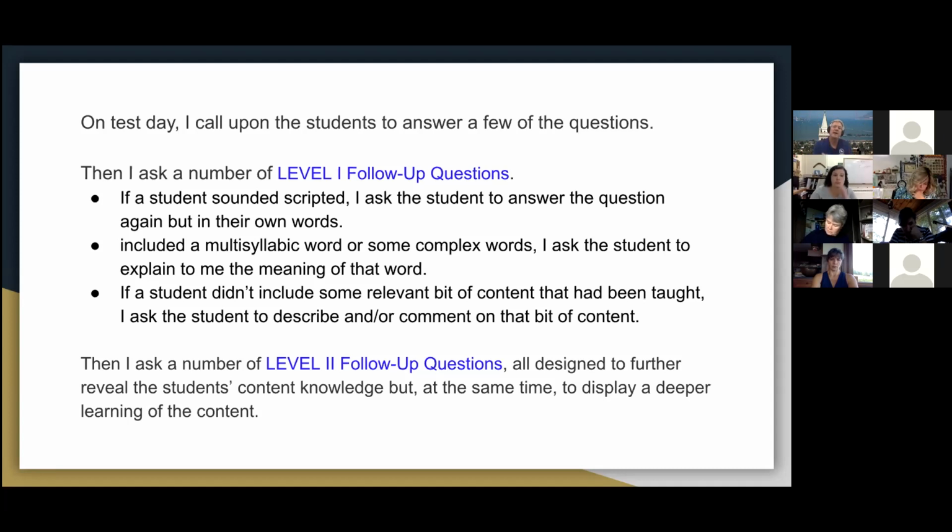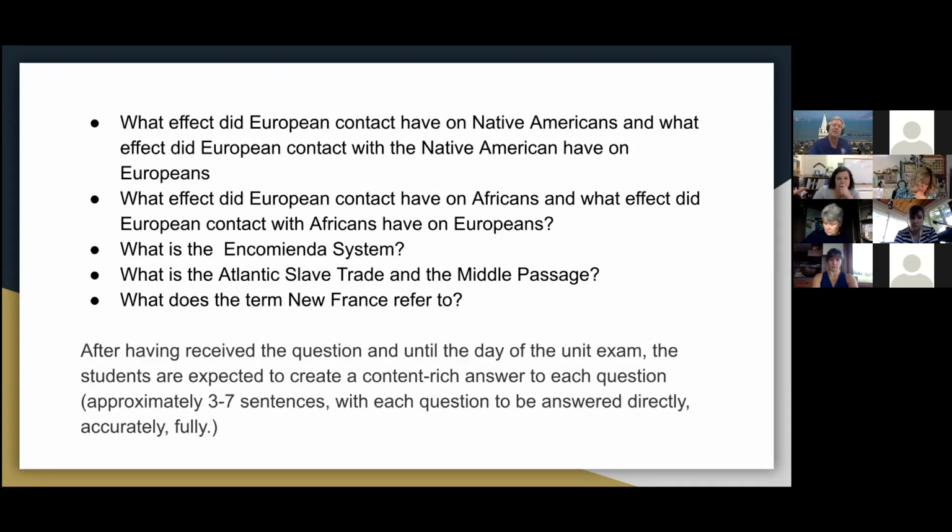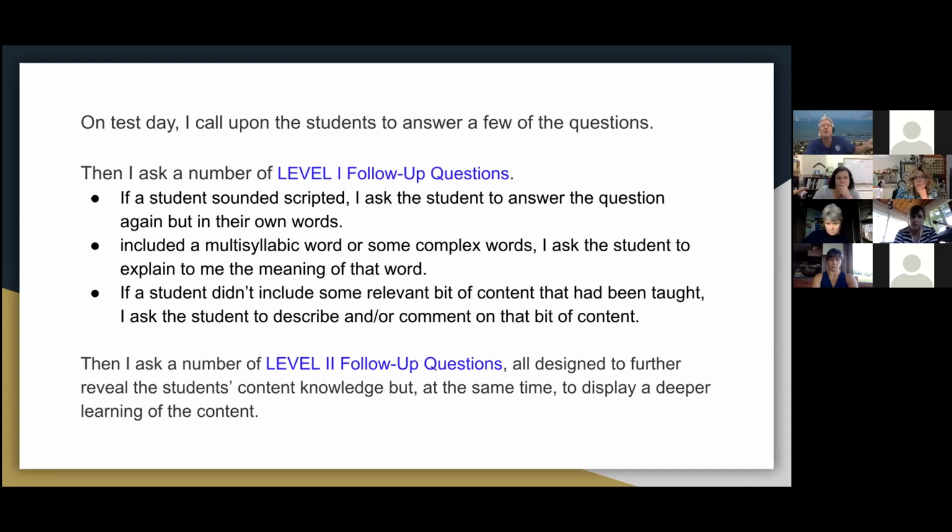Once they've done that multiple choice test, I also will periodically put before them the oral assessment. And I will say something like level 1 follow-up questions. I'll say, what is the encomienda system, to one of these students in a breakout room?